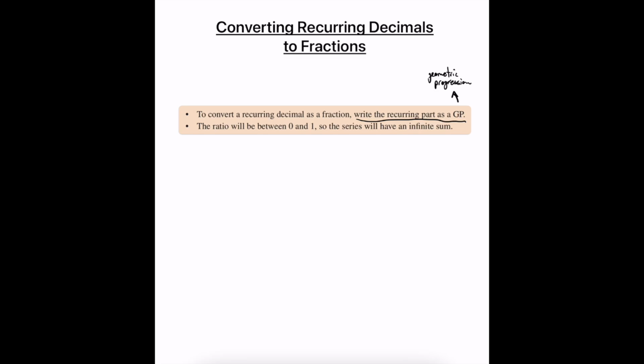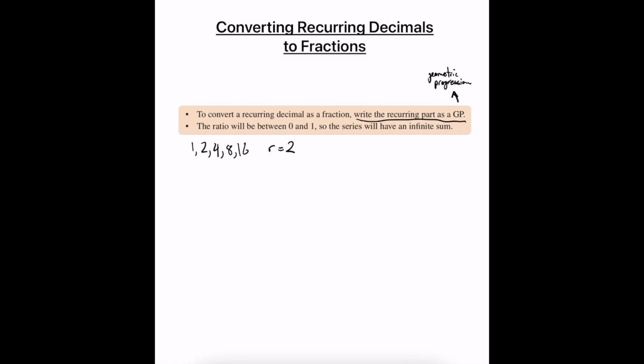So a geometric progression is something like 1, 2, 4, 8, 16. Here our common ratio R is equal to 2, which just means to go from one term to the next term, we are essentially doubling or multiplying by 2.